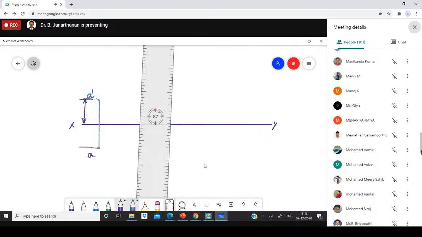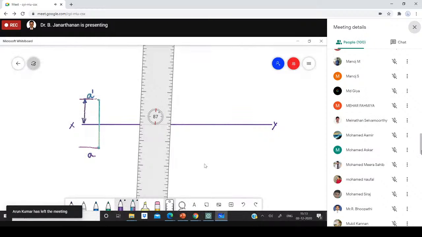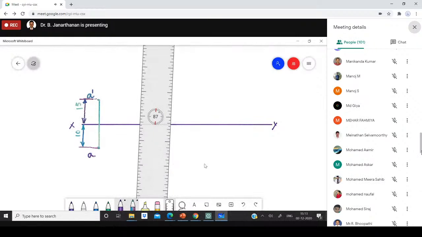Instead of using Paint, I thought this will be one of the tools which will be useful for this. So you can mention here how much it is, if it is 10 mm, if it is 15 mm. So this is how you can use this ICT tool, Microsoft Whiteboard, which is freely available.